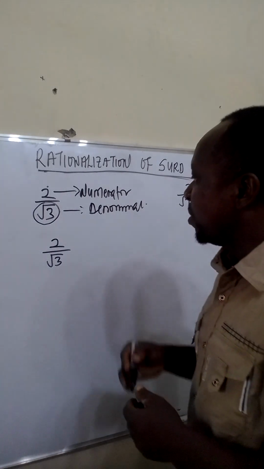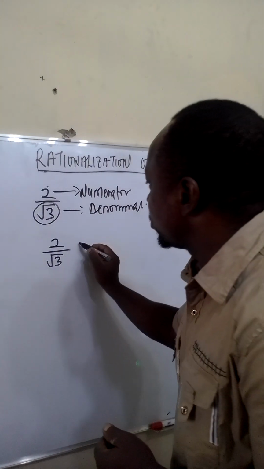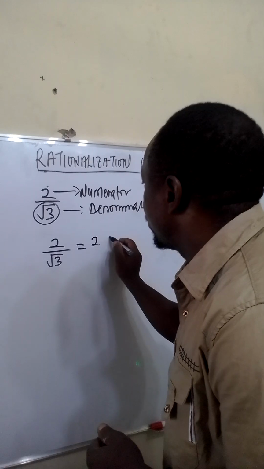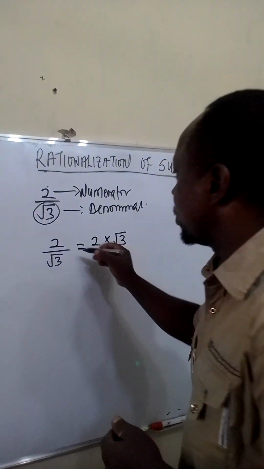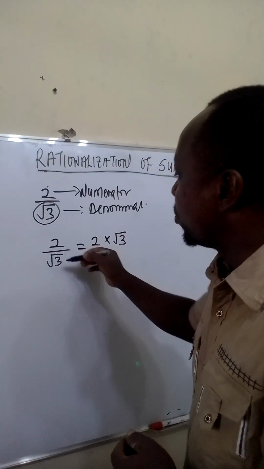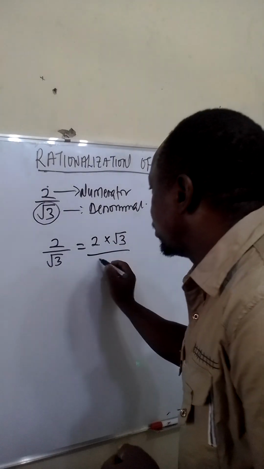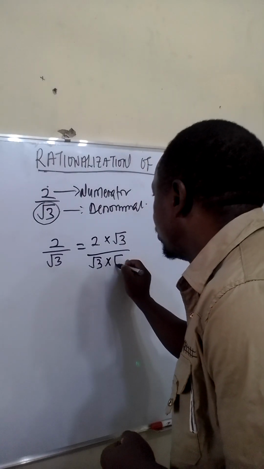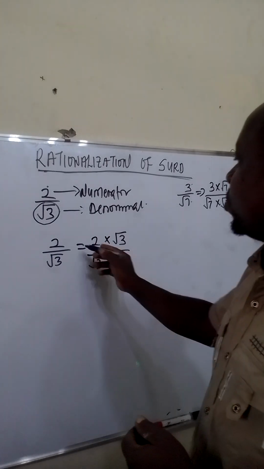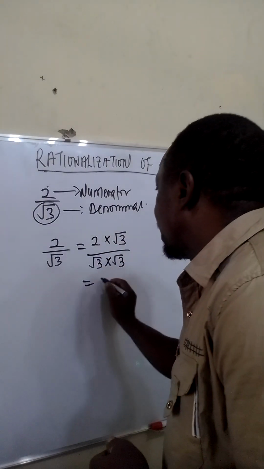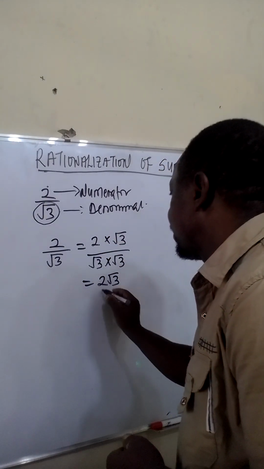Now, back to our question. To rationalize this surd, this will become 2 times root 3. We'll multiply both the numerator and the denominator by root 3, over root 3 times root 3. 2 times root 3 is the same thing as 2 root 3.